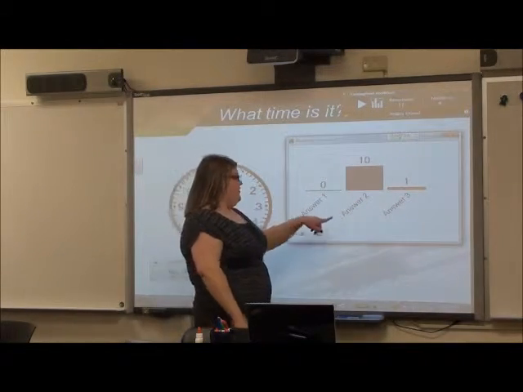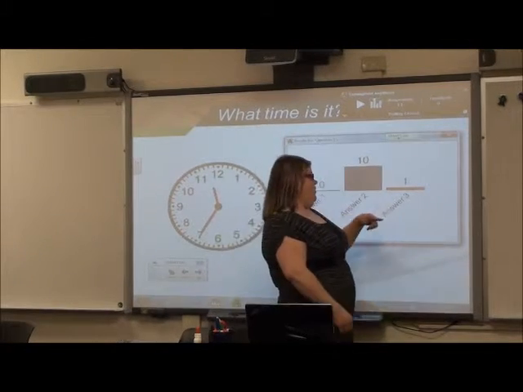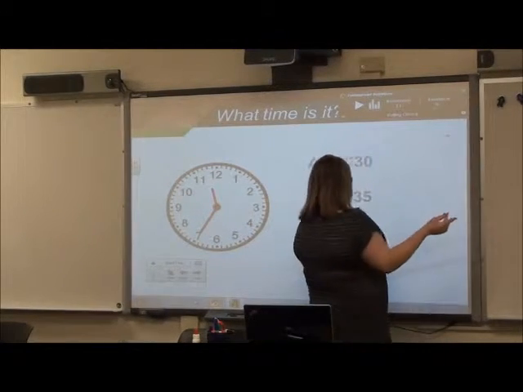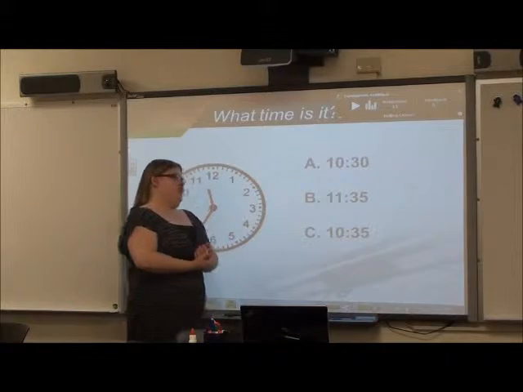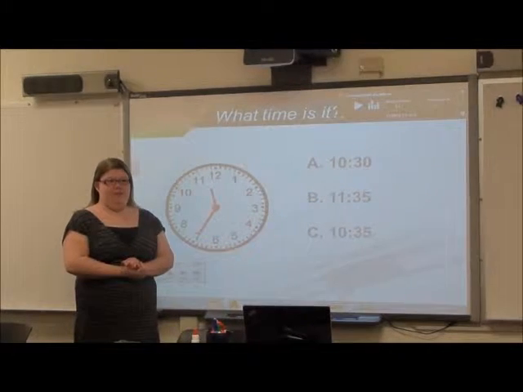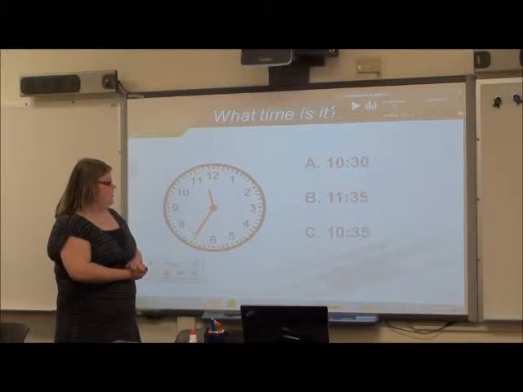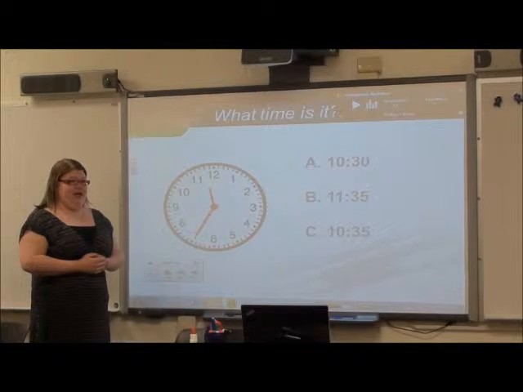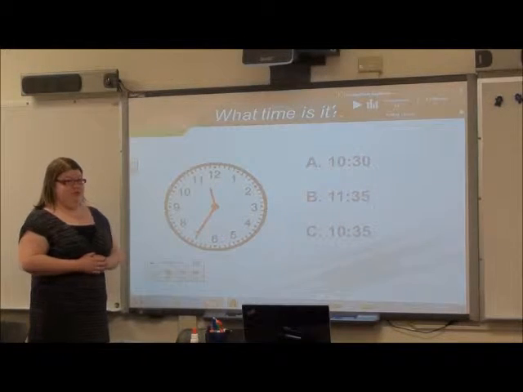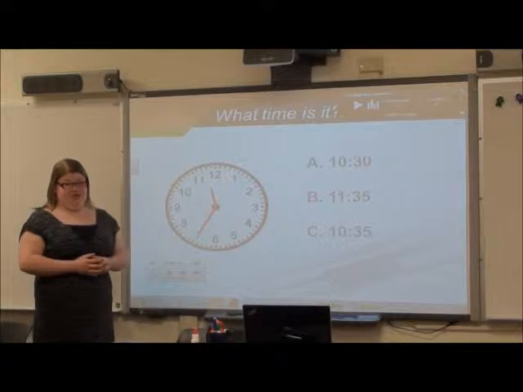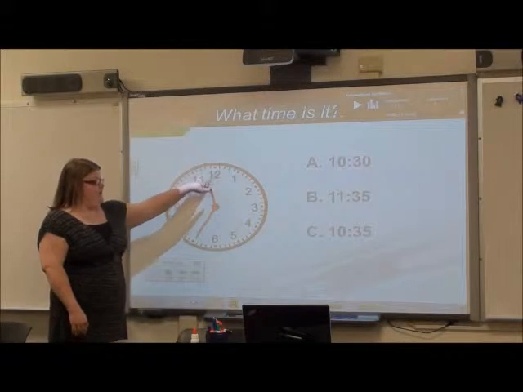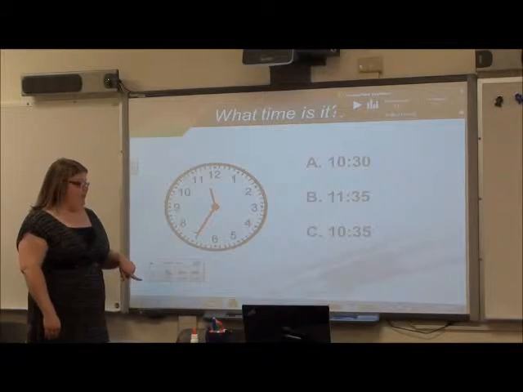So, 10 of us said answer B, and 1 of us said answer C. Can someone raise their hand and tell us why the answer is B? Alan? It's the hour hand between 11 and 12. And what about the minute hand? It's on 35. Good job.